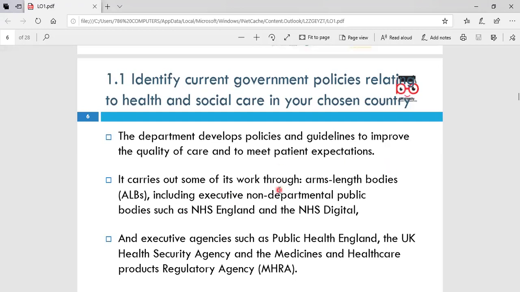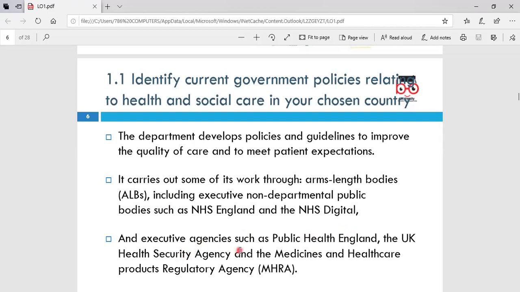It carries out some of its work through different features like arm's length bodies, including executive non-departmental public bodies such as NHS England and NHS Digital. So if you're working on policies and guidelines, it's not just the NHS that's working, it has different organizations that are working together within the NHS.